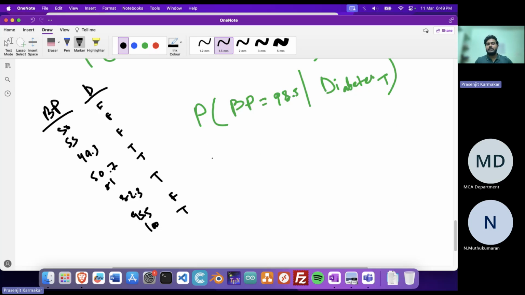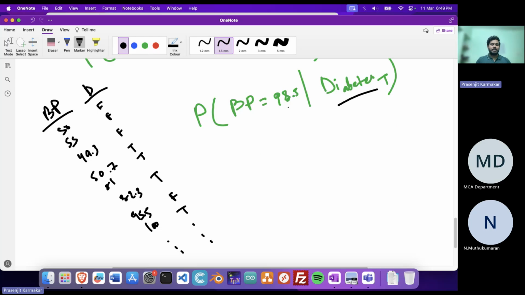Okay, now from this data, let's say there are many other values also. Now from there, how can I compute this? It's also a standard engineering mathematics problem. Because we know that diabetes is true, I want to get where my diabetes is true. What is the probability of BP to be 98? You remember this type of questions, right?